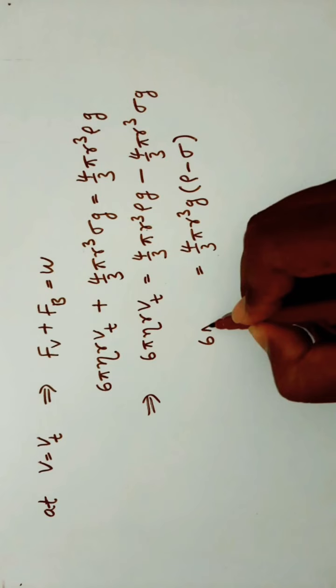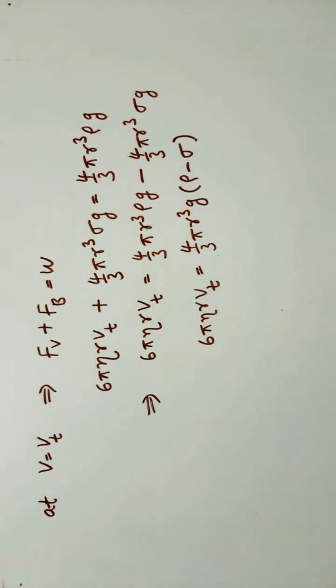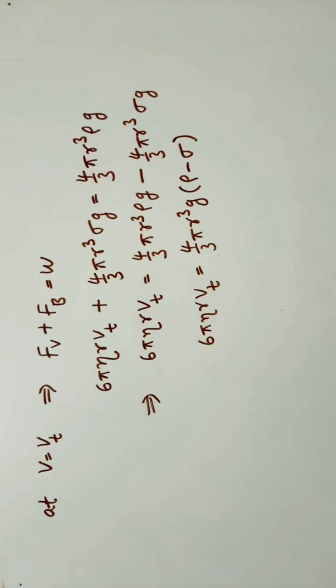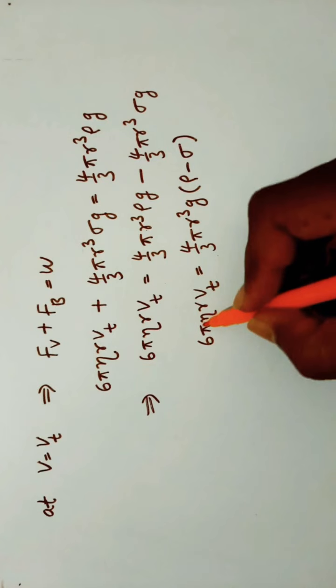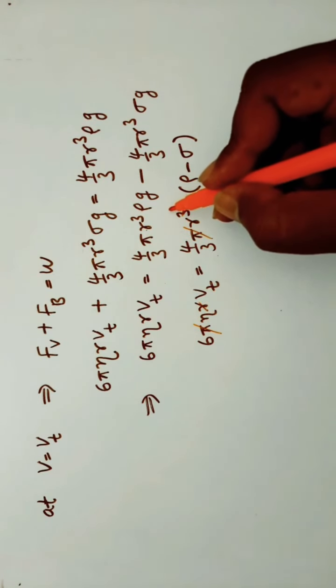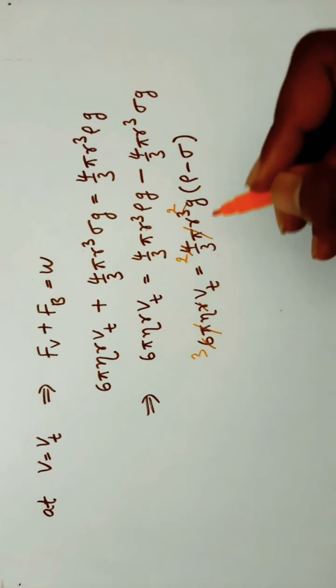So here 6 pi eta r Vt. Pi cancels, one r cancels, 2 threes are 2, 2 twos are.